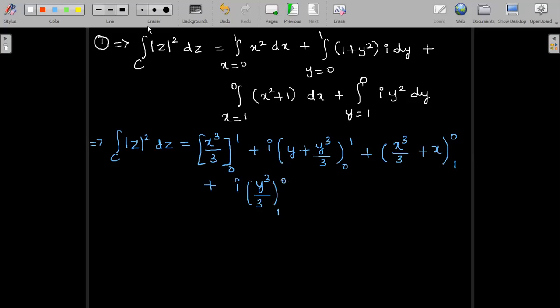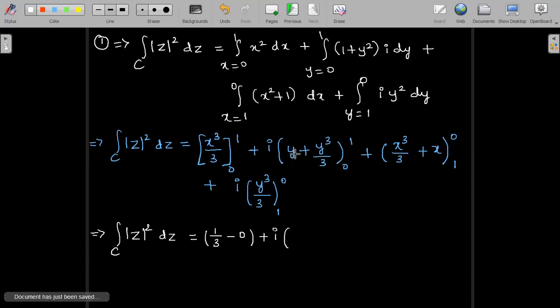So each one of them we have integrated, and now we have to apply the limits. So this gives us the integral over C of |z|² dz is equal to, when we apply the limits, 1 by 3 minus 0, upper limit minus lower limit, plus i into, again here only the upper limit is applicable, lower limit y is 0, so both the terms go to 0.